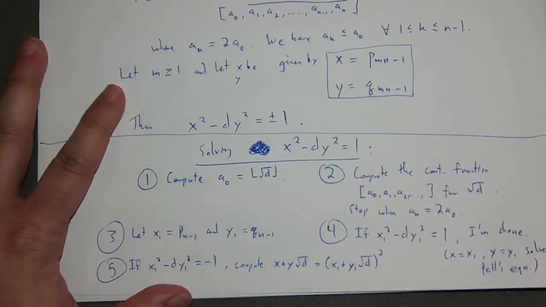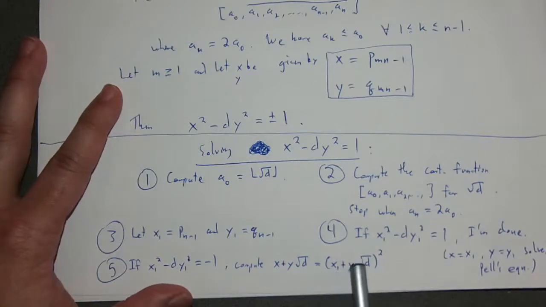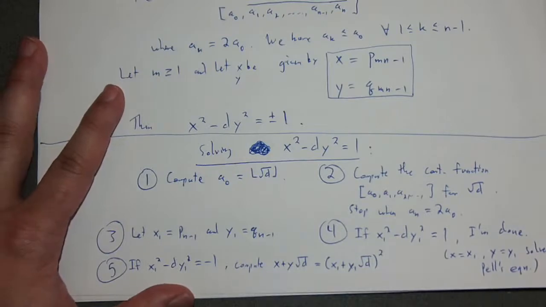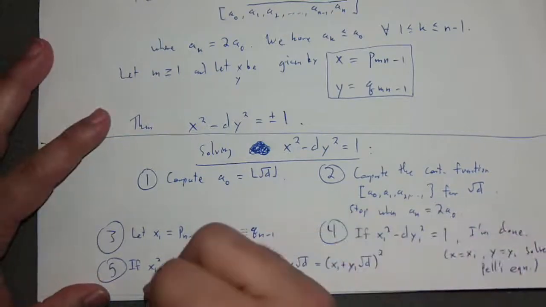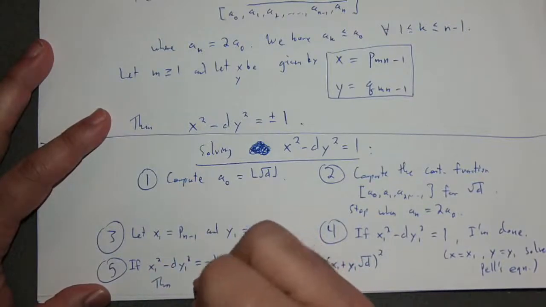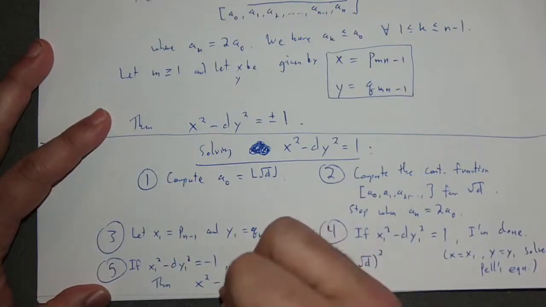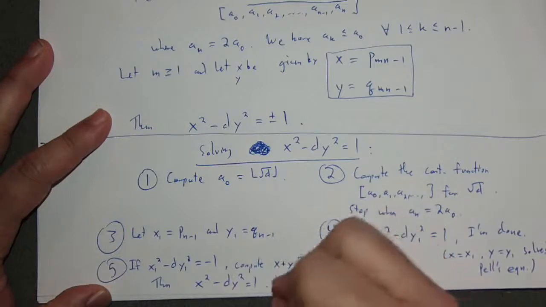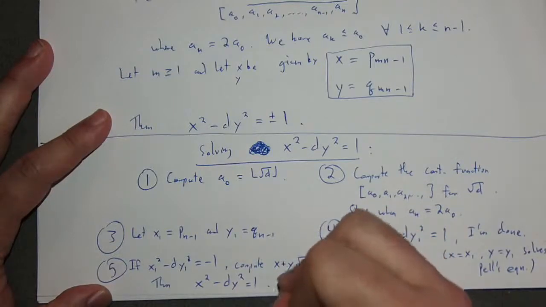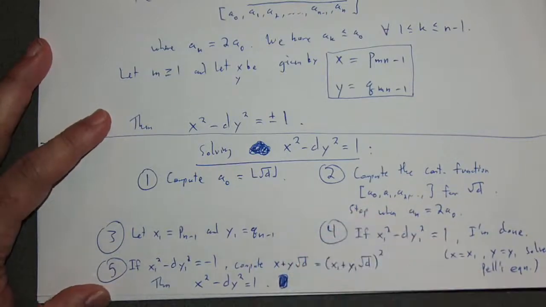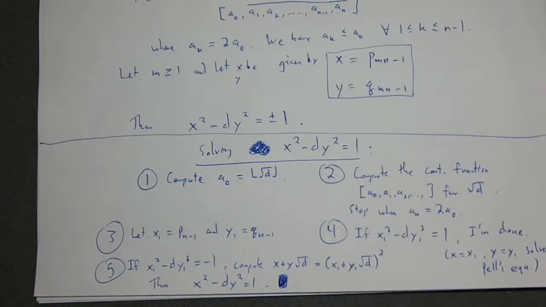So write out x sub 1 plus y sub 1 times square root of d, square that, combine terms, put them in this form, you get an x and a y, and that solves Pell's equation. Then this x and y solve Pell's equation. I'll put a little stone here because this is the end of the process. So you have ended this process with a solution to Pell's equation.